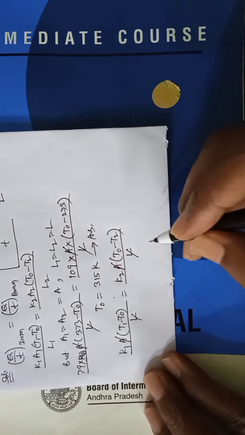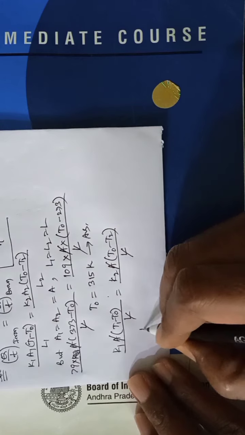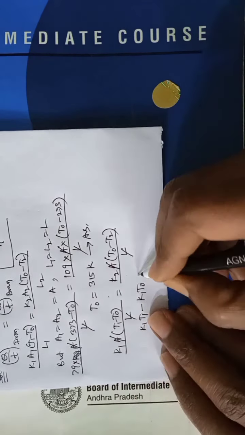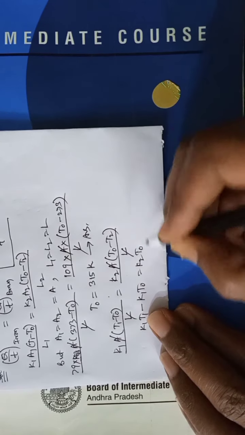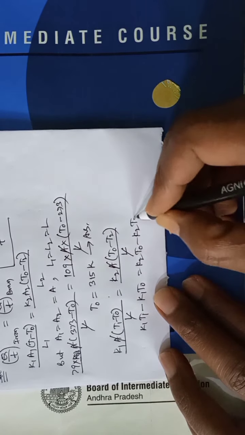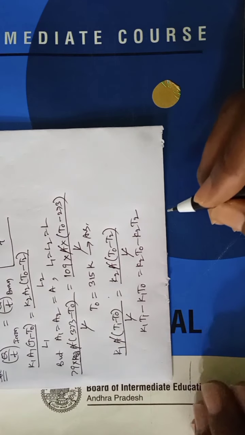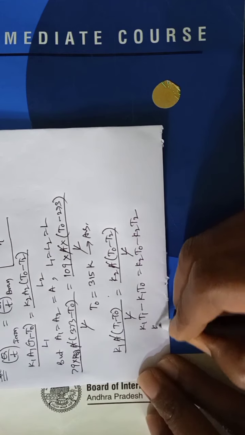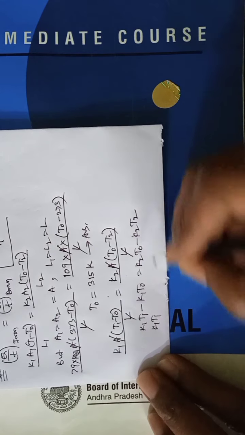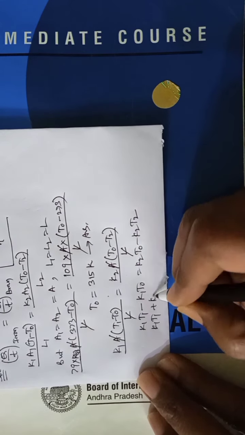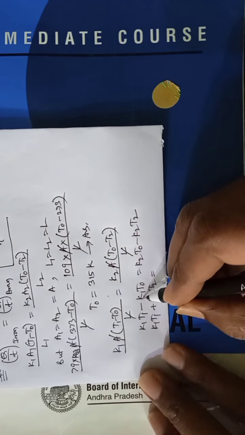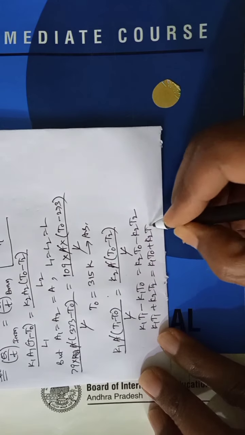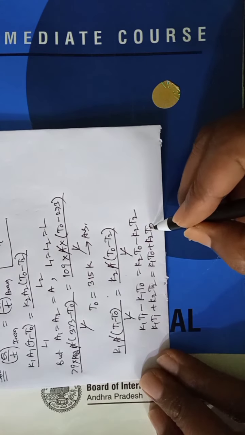Now expanding, K1 T1 minus K1 T0 equals K2 T0 minus K2 T2. Now we want the T0 temperature, so bring K1 T1 to the left, take this to the right, and here T0 can be taken common.